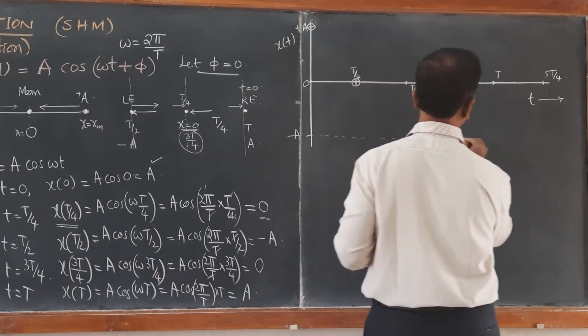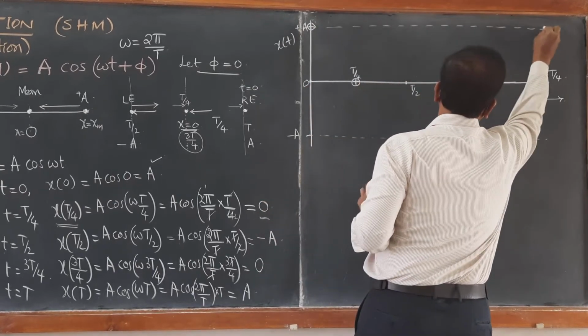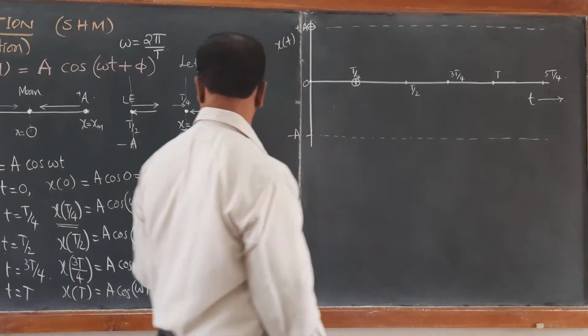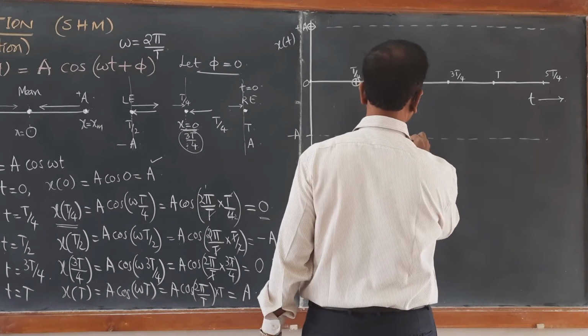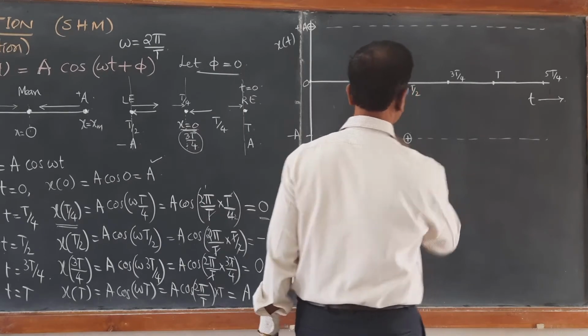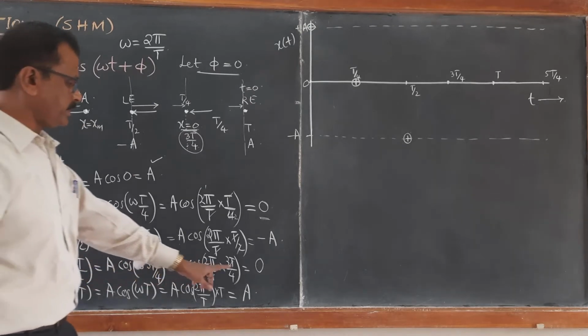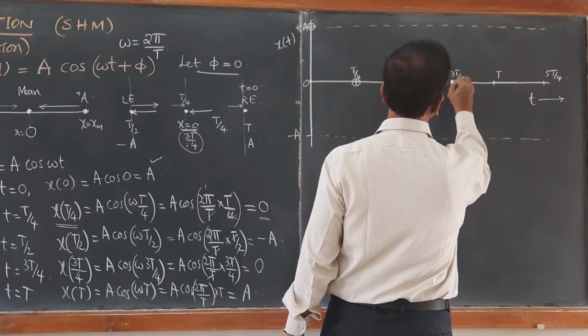So if you just mark it, it will be helpful for drawing the graph. So at T/2 it will be at minus A. At 3T/4, we get again 0.